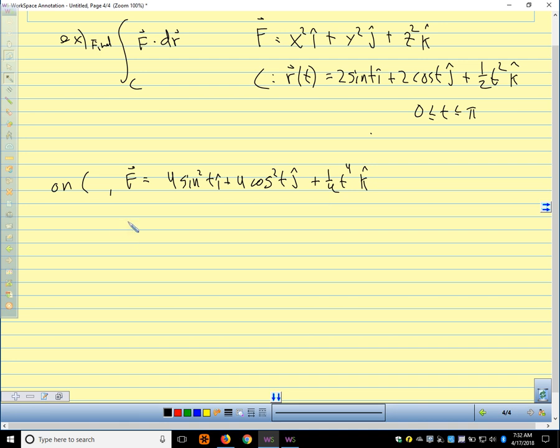And r prime is 2 cosine t i hat minus 2 sine t j hat plus t k hat. Then F dot r prime.